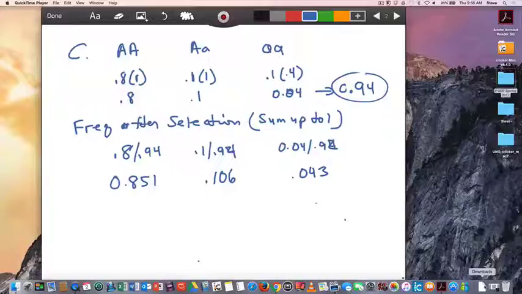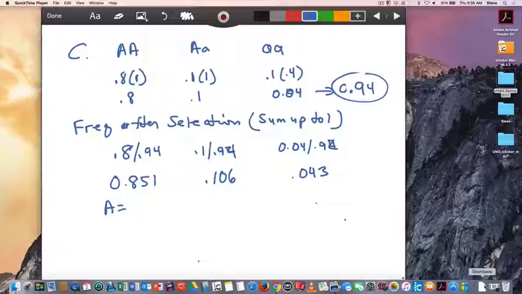How do we get the frequency of the big A allele? Here's this number, right? 0.851 plus half of the heterozygote, okay? So that's one of the key things to really be able to understand: how, from genotype frequencies, to calculate those allele frequencies.